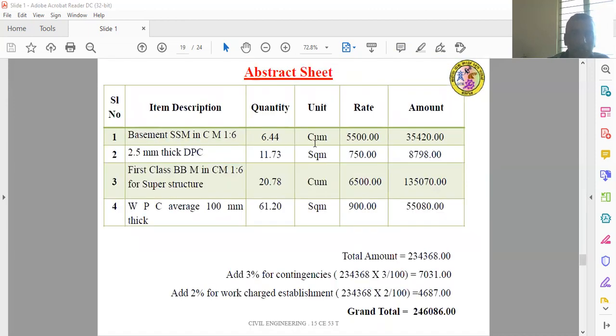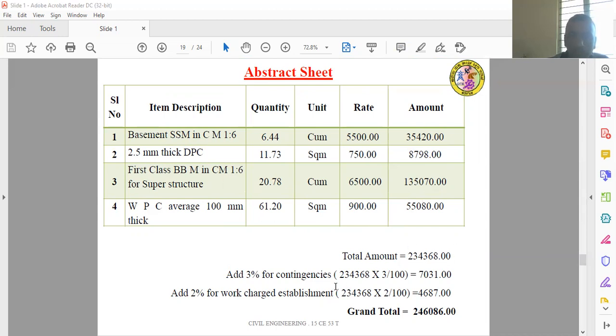Then the unit is cubic meter, and the rate is 5500 rupees per cubic meter, obtained according to the district circle. After getting the rate, rate multiplied by quantity gives the amount. Similarly, calculate the other three values by using the above procedure. Adding the four values, you will get the sum amount of 2,34,368.